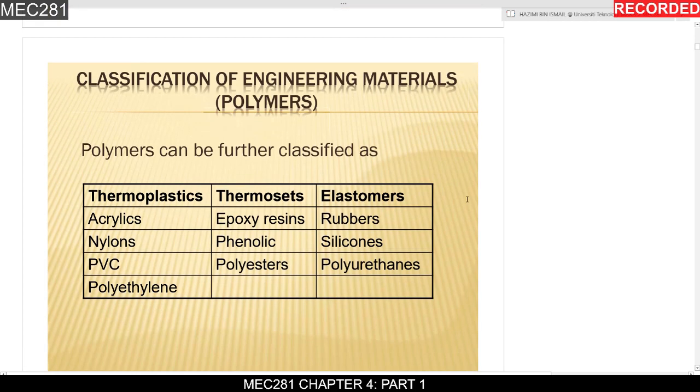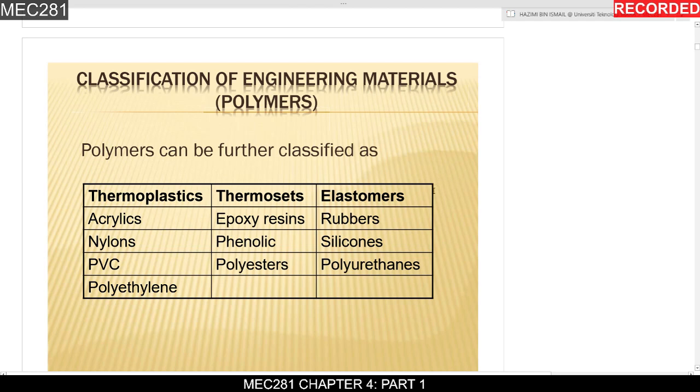If you still remember, all these basics about polymers have already been covered in your chemistry subject in secondary education, maybe form 4 or form 5. I think form 5, right?